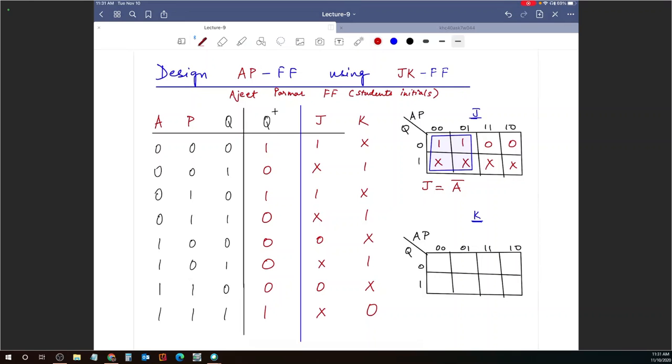Next, for K, x1, x1, x1, x0. You see, this is what happens. There's a little bit of change there. All right, simplest expression for K.